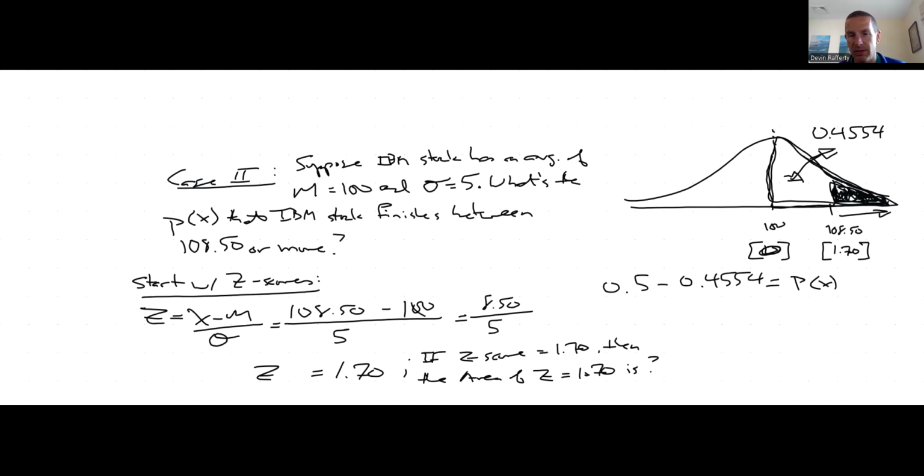So the probability, 0.5 minus 0.4554, is 0.0446. Okay, that's my probability right there.